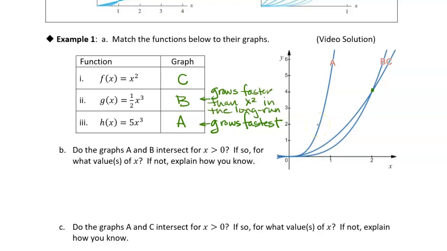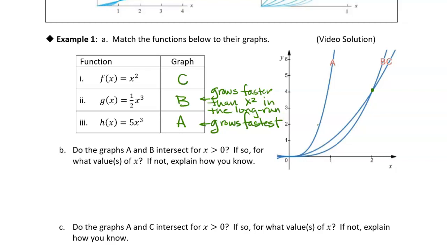Now that we've identified the functions, let's take a look at this next question that says, do the graphs of A and B intersect for x greater than 0? And if so, for what value of x? Okay, so we're looking at A and C. We're looking at x squared and 5x cubed. Oh, sorry, A and B. So it's 5x cubed and 1/2 x cubed.